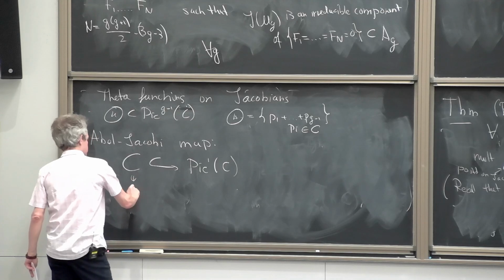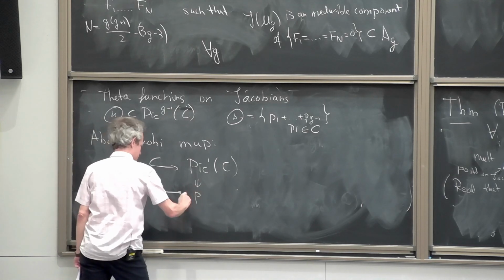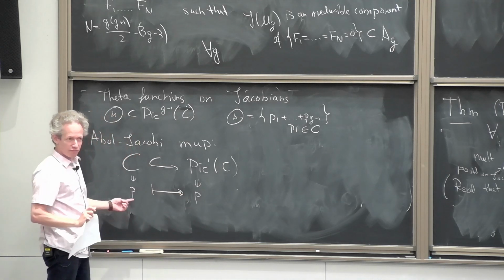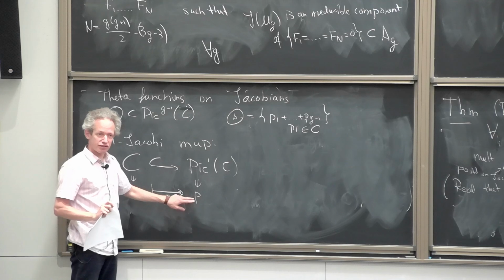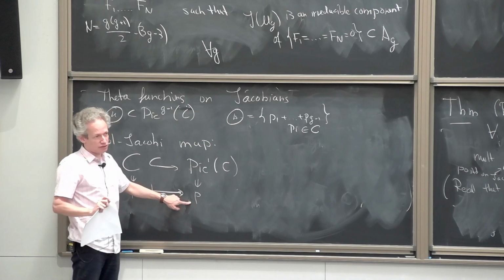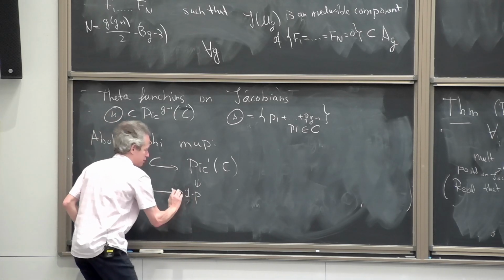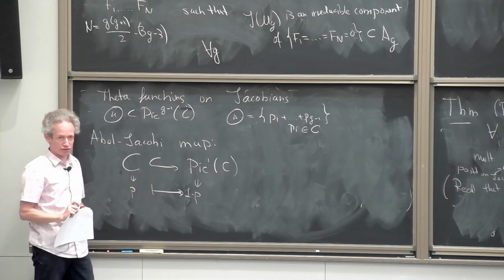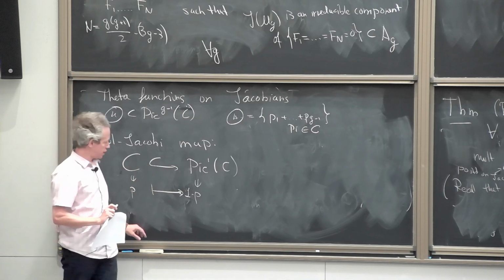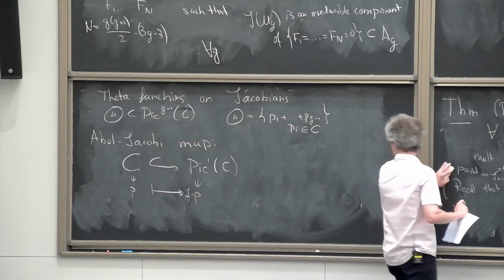So what it does is you take a point P and you send it to the point P, a divisor on the curve. It's 1 times P, a linear combination containing just one point P with coefficient 1. I'm thinking of the point as a divisor on the curve. So I've embedded the curve in the Jacobian, in Pic^1, canonically.